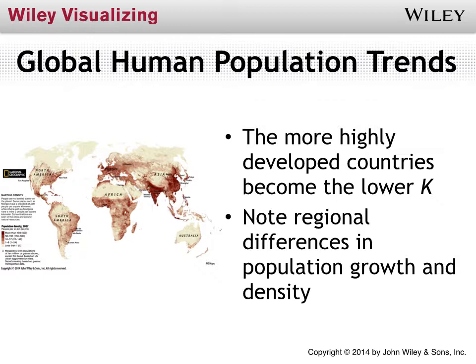So again, I talked about the trend that, generally speaking, the more highly developed countries become, generally the countries have lower carrying capacities. But again, there are huge regional differences as indicated by this figure.